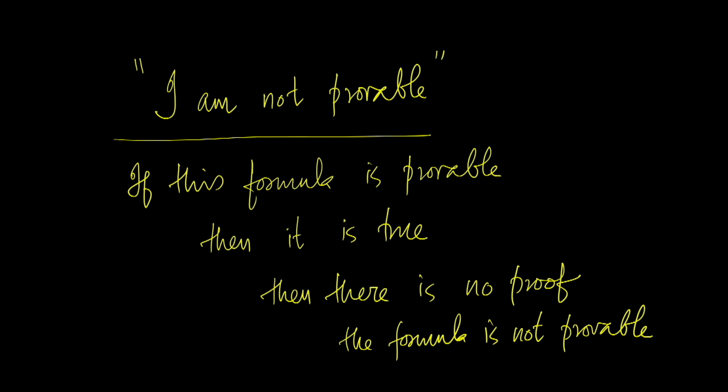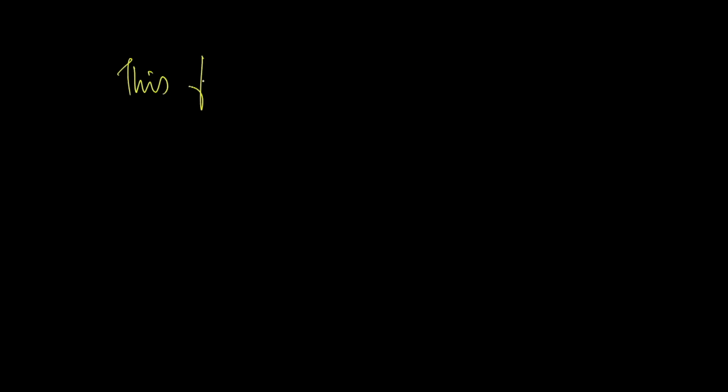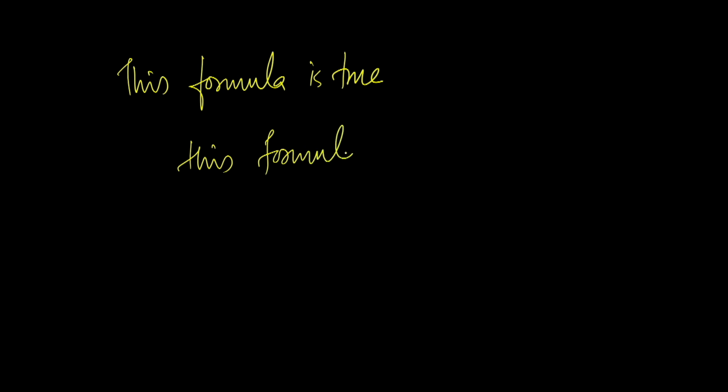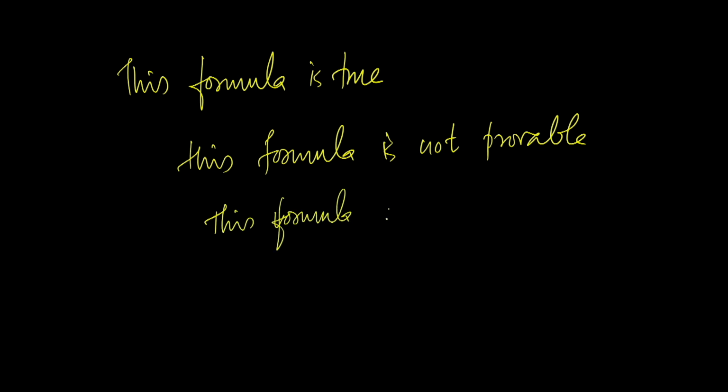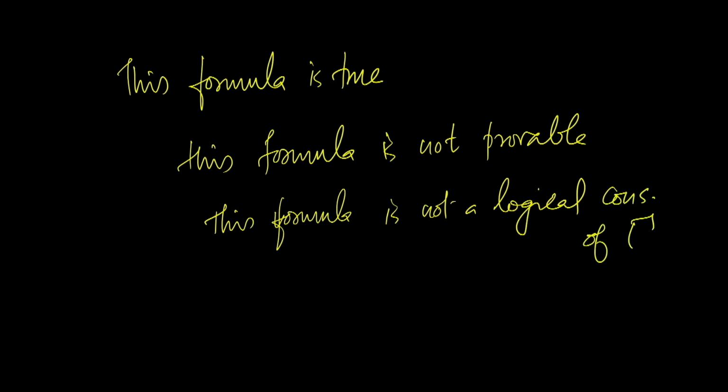Therefore, it is not possible for this formula to be false. Therefore, in the standard interpretation, this formula is true, which means this formula is not provable. In other words, this formula is not a logical consequence of Peano's axioms.